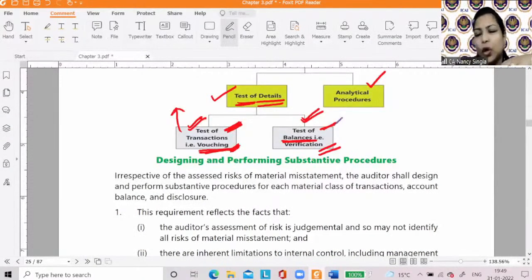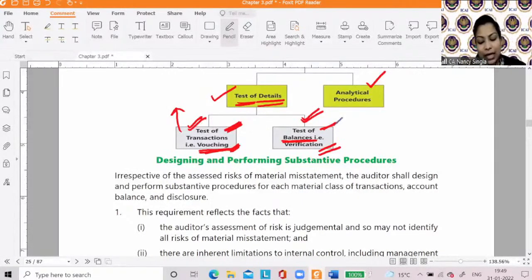Will the auditor be in a position to give the appropriate opinion? No. See, when the internal controls are not working properly, auditor will go for test of details. He is going to check. He cannot just rely on the test of control and go for sample checking and analytical procedures. In that case, the auditor will have to perform the test of details.